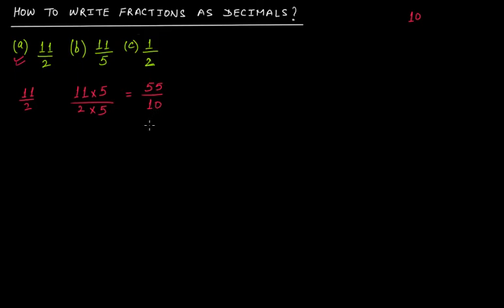Now we can write this fraction into decimals very easily. How? Break this 55 as 50 plus 5 over 10. Now this can be written as 50 over 10 plus 5 over 10.